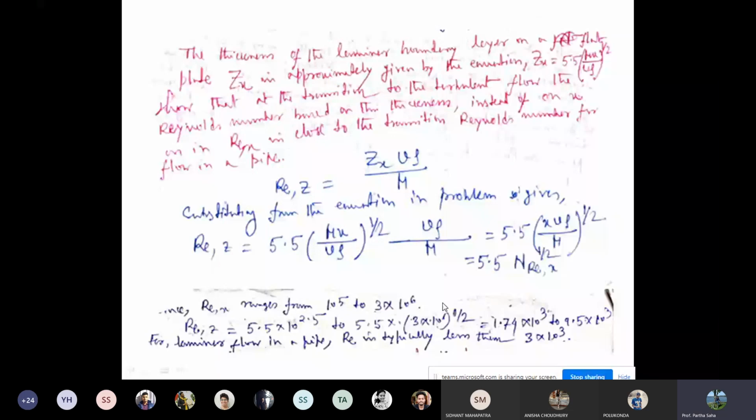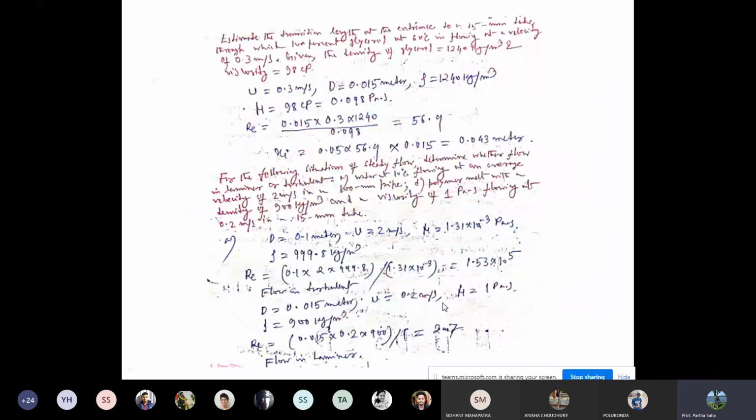Problem two: estimate the transition length at the entrance to a 50 millimeter tube through which 100% glycerol at 60 C is flowing at a velocity of 0.3 meter per second. The density of glycerol is 1240 kg per meter cube. So you know velocity, D, rho.